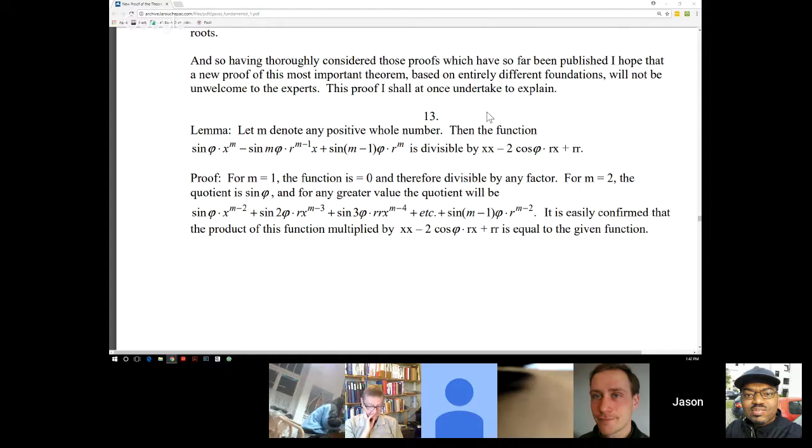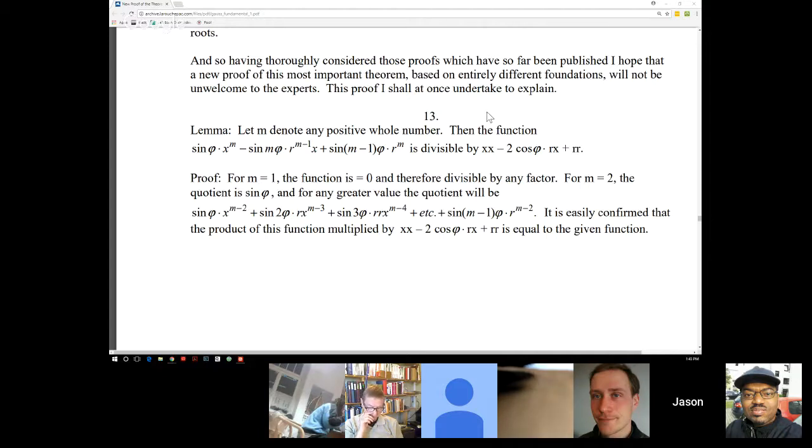For m equals 2, the quotient is sine phi, and for any greater value, the quotient will be sine phi multiplied with x to the power of m minus 2, plus sine 2 phi multiplied with r x to the power of m minus 3, plus sine 3 phi multiplied with r squared multiplied with x to the power of m minus 4, etc., plus sine, in brackets, m minus 1 times phi times r to the power of m minus 2.